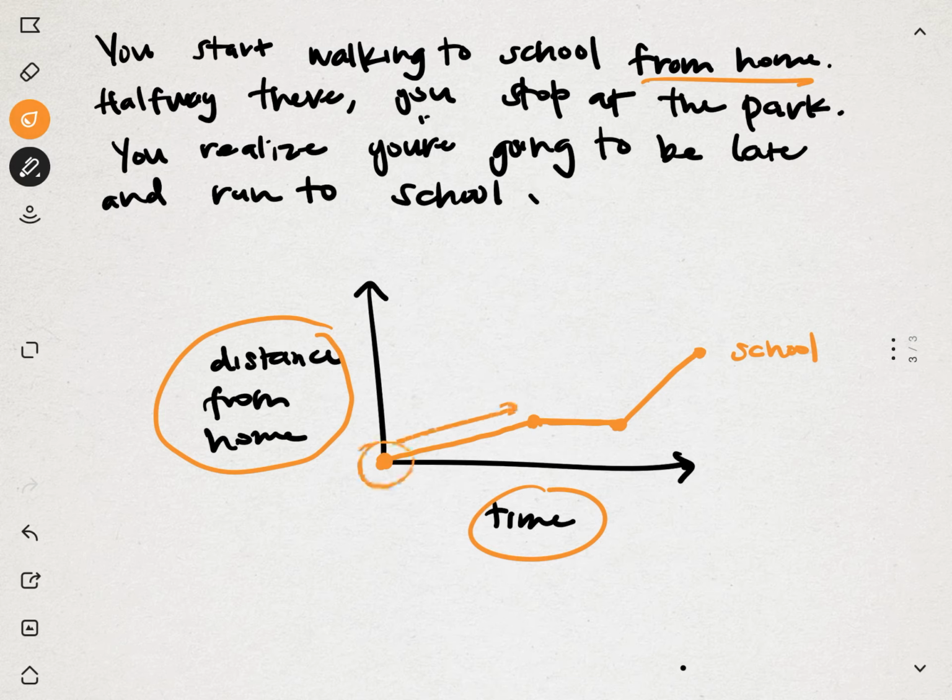Make sure if you stop, we're not getting any further from home. So it's constant. Your slope should be 0. And then if we're going faster, your slope is steeper than if you were walking or going slower.